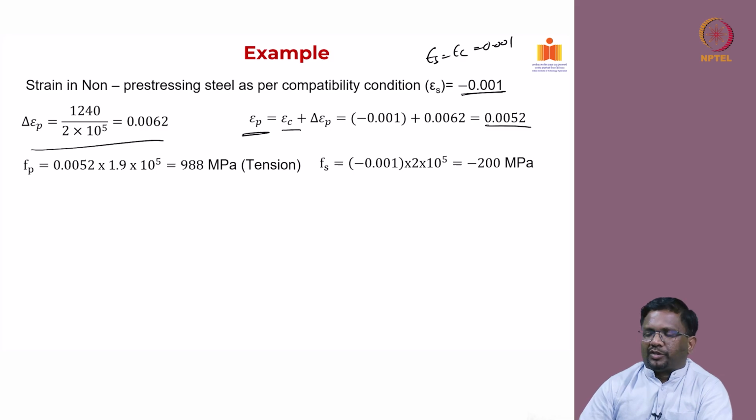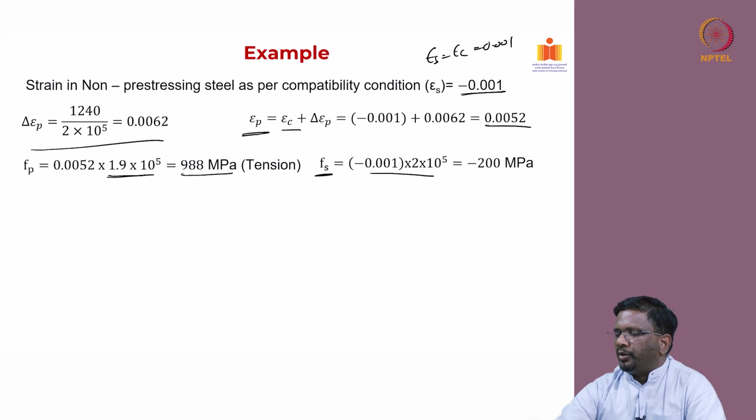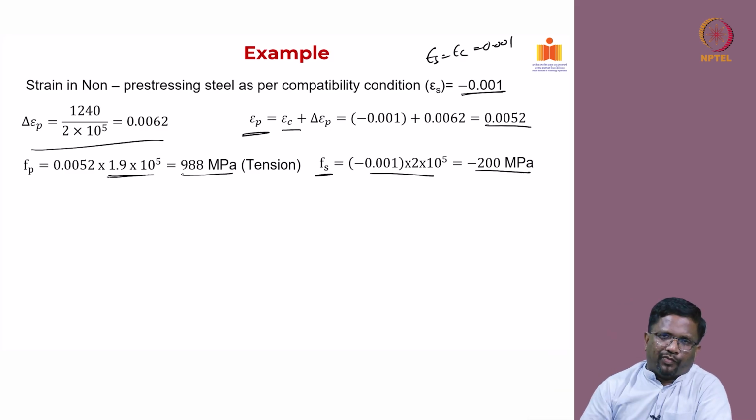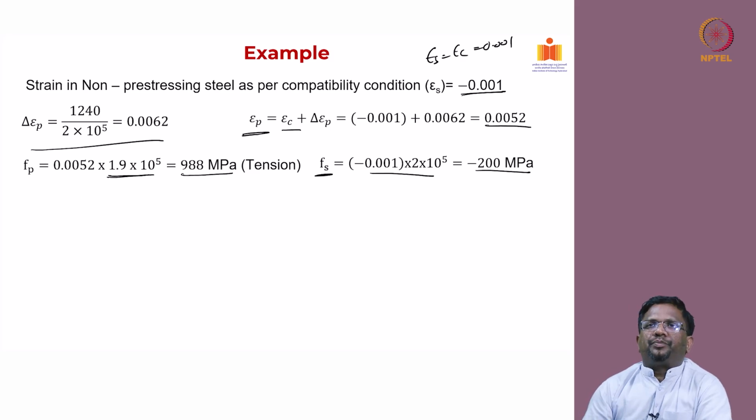Now, what is the stress in the pre-stressing steel? I need to use the reduced elastic modulus. So, I get a stress of 988 megapascal in tension, and stress in the non-pre-stress steel is going to be 200 megapascal, same as what we calculated, because relaxation is not going to have any effect on the non-pre-stress steel, but it will have an effect only on the pre-stressing steel, right.